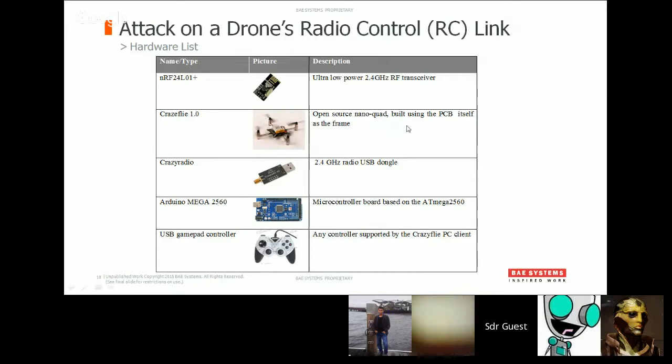It comes with a Crazyradio, which is used to send and receive the control signal to control the drone. Both the Crazyflie and the Crazyradio use the NRF24L01+ as their wireless transceiver. In this test, I also used an Arduino Mega to set up the NRF transmitter, and I used a gamepad to manually control the drone.